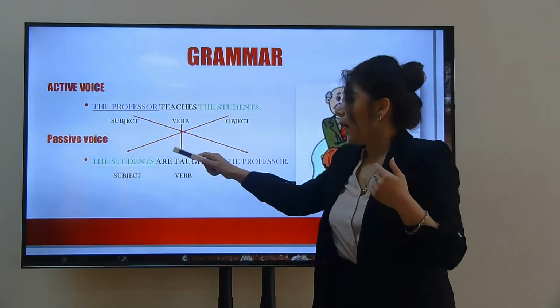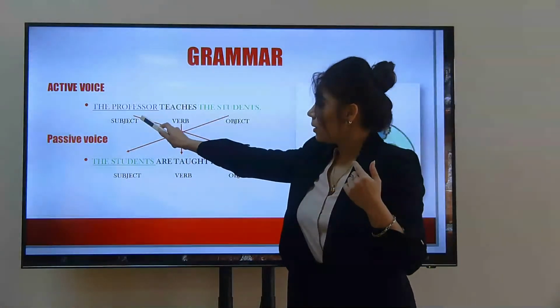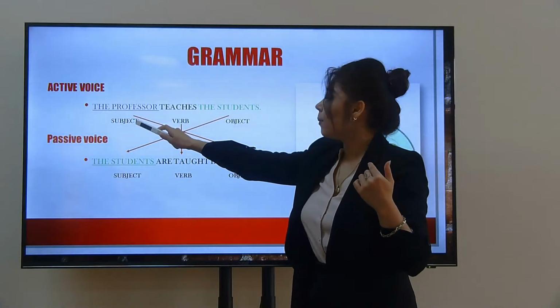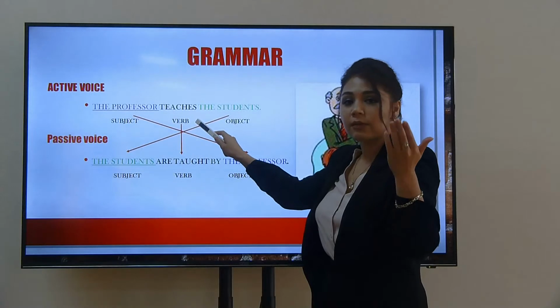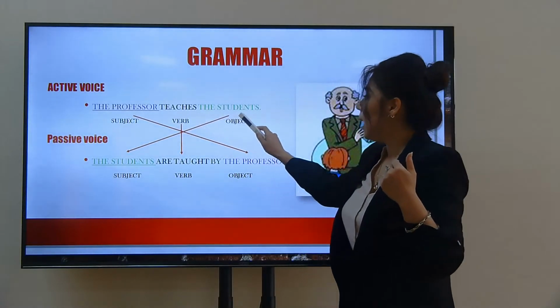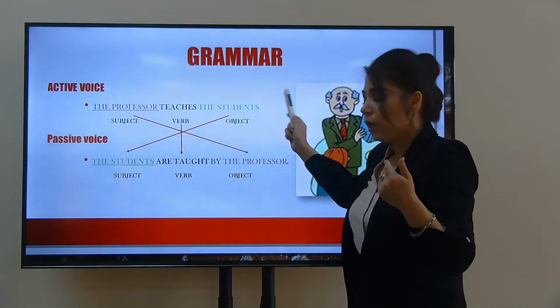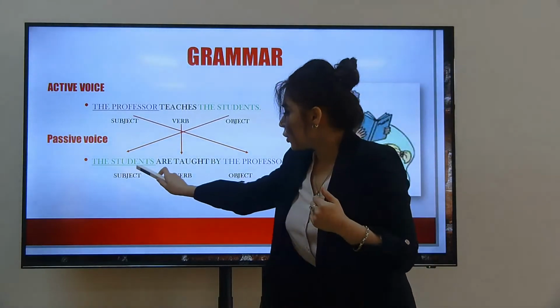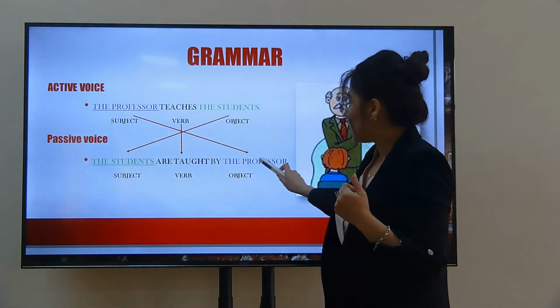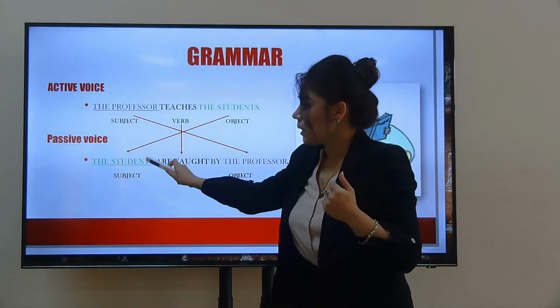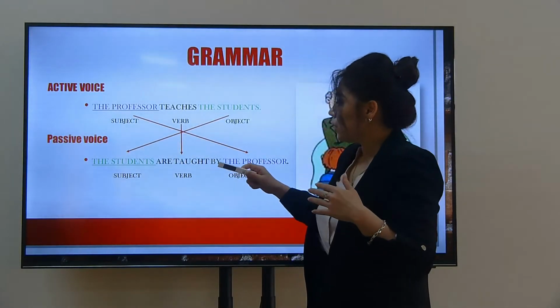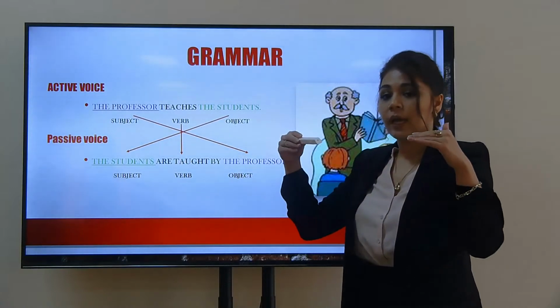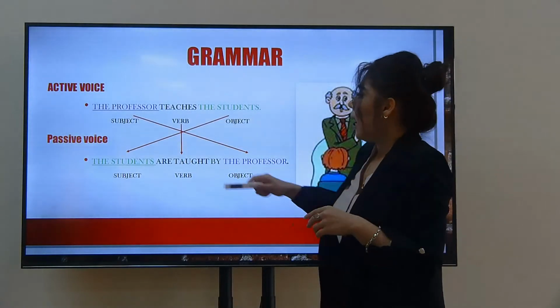For example, the sentence starts with the subject, the performer of the action, and then the verb. The verb is given in the present simple, and then the object. Passive voice: the students are taught by the professor. The students is the object of the verb. Dear students, I would like you to focus your attention on the arrows.